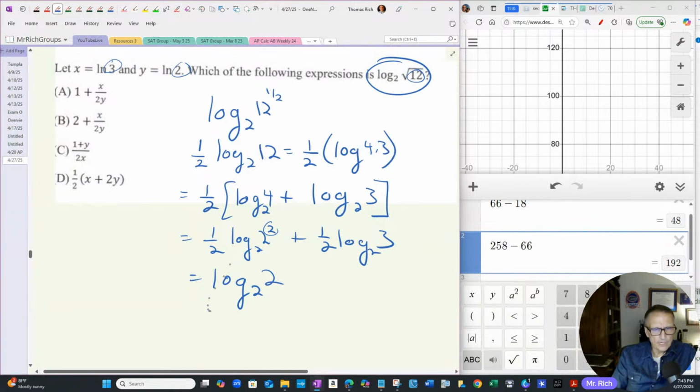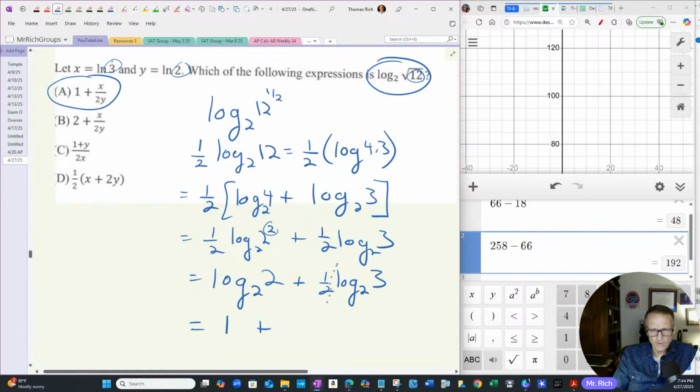Which is going to be just the number 1. This is going to be 1/2 log base 2 of 3. I kind of like this answer because I see a 1, because this right here is going to be a 1 right there. But then x plus 2y.